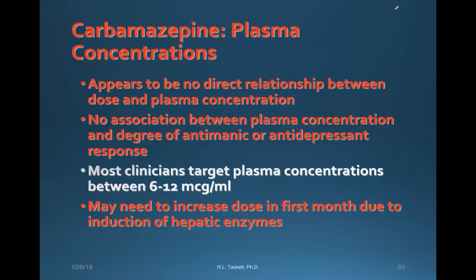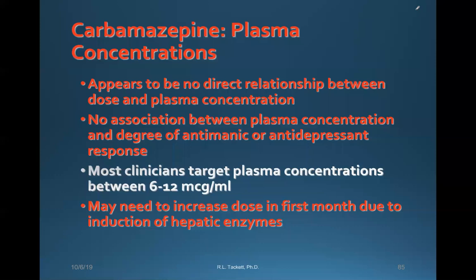Like most drugs, we don't have a direct relationship between the dose and the plasma concentration. Especially with a drug like carbamazepine, enzyme induction can occur, so a dose may actually have a decreased response.